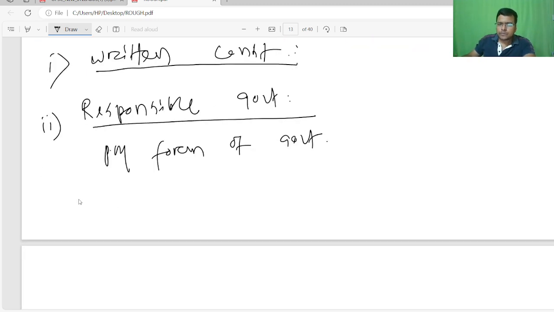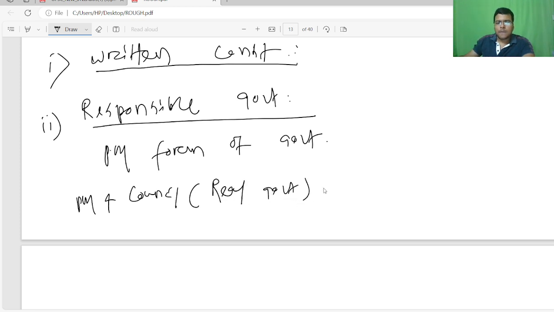Because the PM and council, who are the real government, are responsible to parliament or legislature. So we call it responsible government. The PM and council are responsible to the parliament in general and to the Lok Sabha in particular.